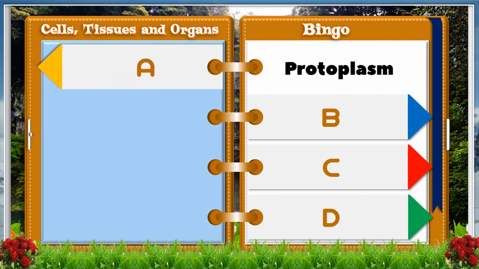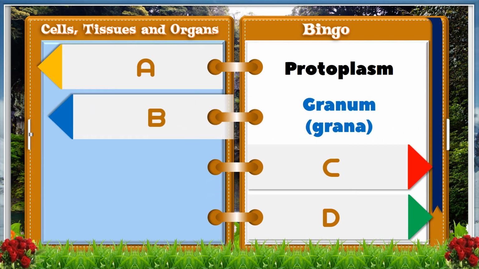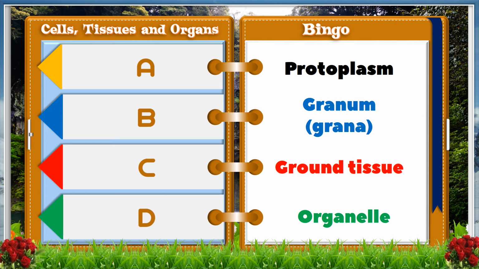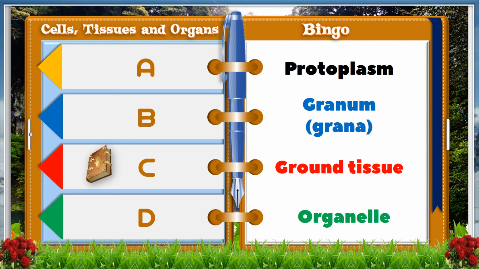A. Protoplasm. B. Granum. C. Ground tissue. D. Organelles. And the answer is C. Ground tissue.